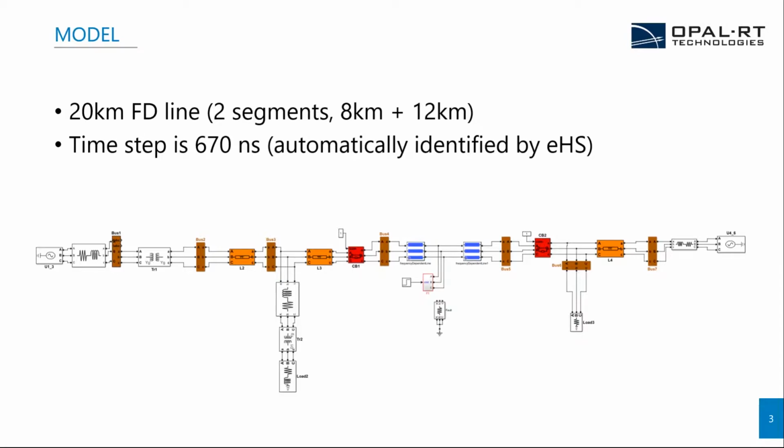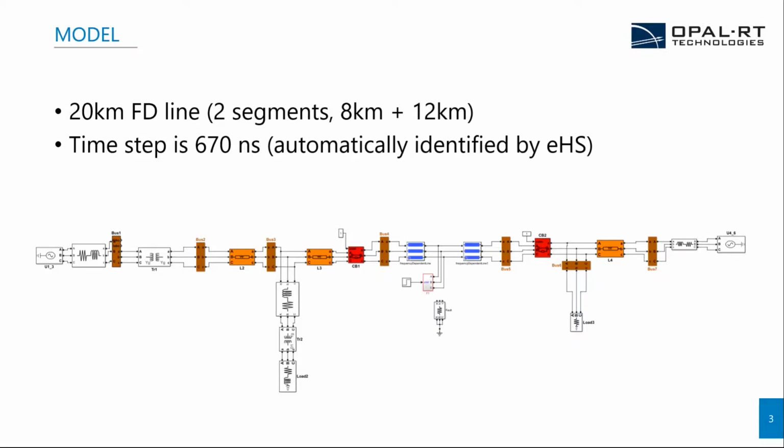Here, this figure shows the power system model that we are running on the simulator. So we have two voltage sources on both ends of the line, and then we have transformers, some loads, and some pi section lines. On the two ends of the line, we have breakers. And for the line itself, we have two segments of frequency-dependent line. The first segment is 8 kilometers, and the other one is 12 kilometers.